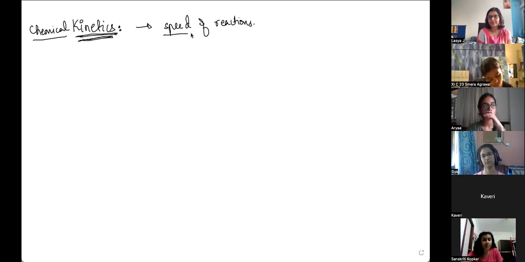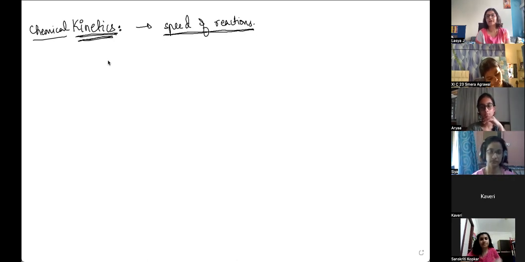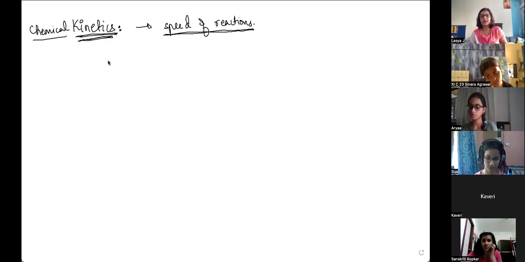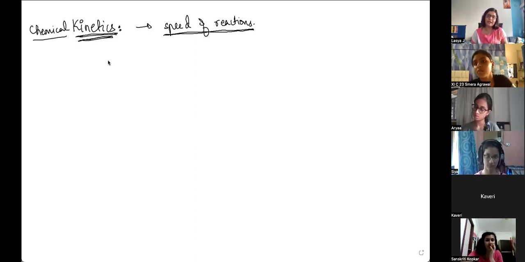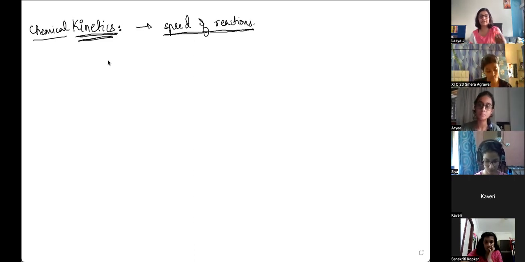Physical chemistry is all to do with the physics behind the reactions, like how do you control the reactions. In Grade 11 thermodynamics you had spontaneity and enthalpy and energy associated with the reactions, right? Entropy and enthalpy together, you can figure out whether a reaction will take place or not.